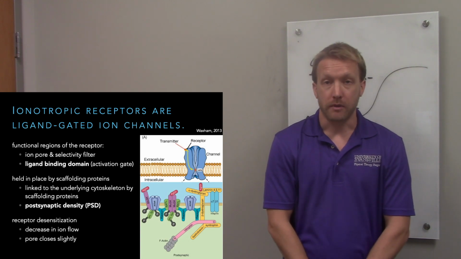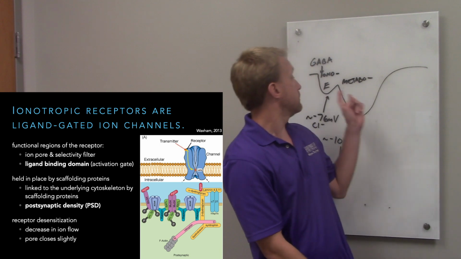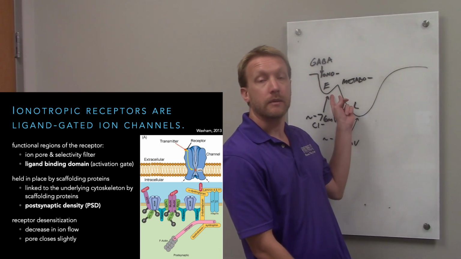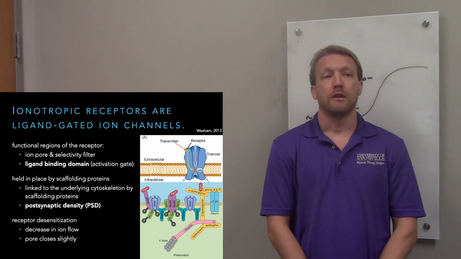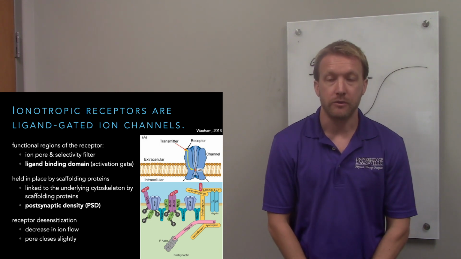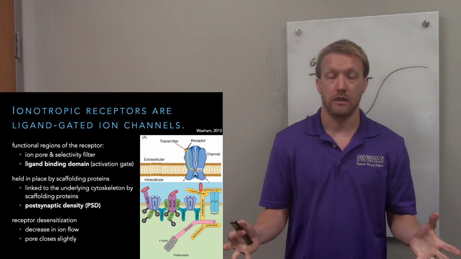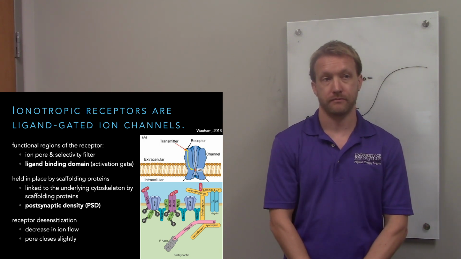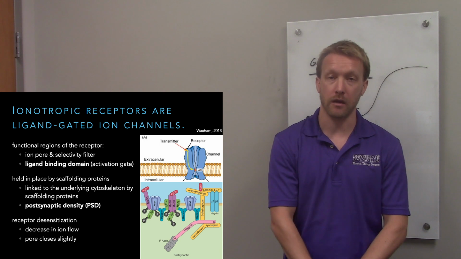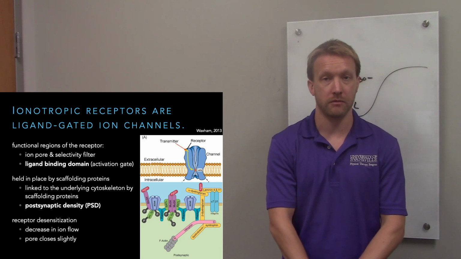We'll start with ionotropic receptors because they come first in the synaptic response, and they're also first in my slideshow. So, when you think ionotropic receptor, you should be thinking ion channel, and in particular, ligand-gated ion channel. These still have an ion pore, of course. You're not much of an ion channel without it.